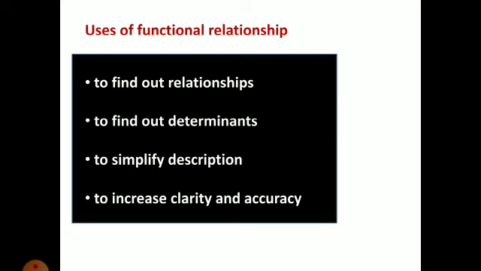Demand depends upon price. Demand is a dependent variable. P is an independent variable. Just with these two symbols, everything could be explained, and these functions can be represented in diagrams. So when it is explained in terms of a diagram, it makes the complex things simple.